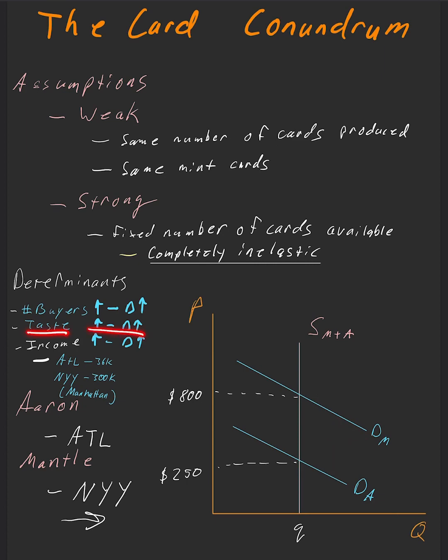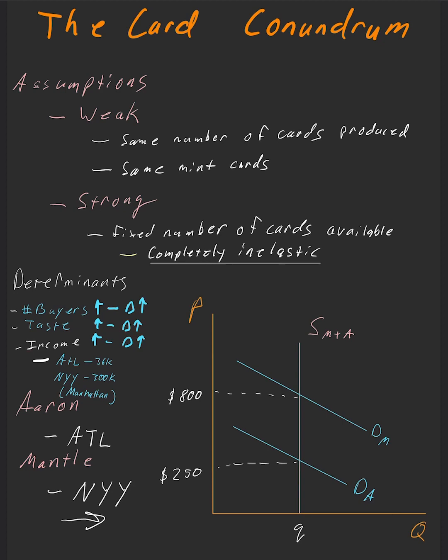Taste and preference, right? The Yankees as a brand are one of the most famous sports teams in all of history, while the Braves, certainly a popular and famous team, are much less famous. And so it might just be the case that Yankees cards are going to be more popular and therefore have higher demand than Braves cards.